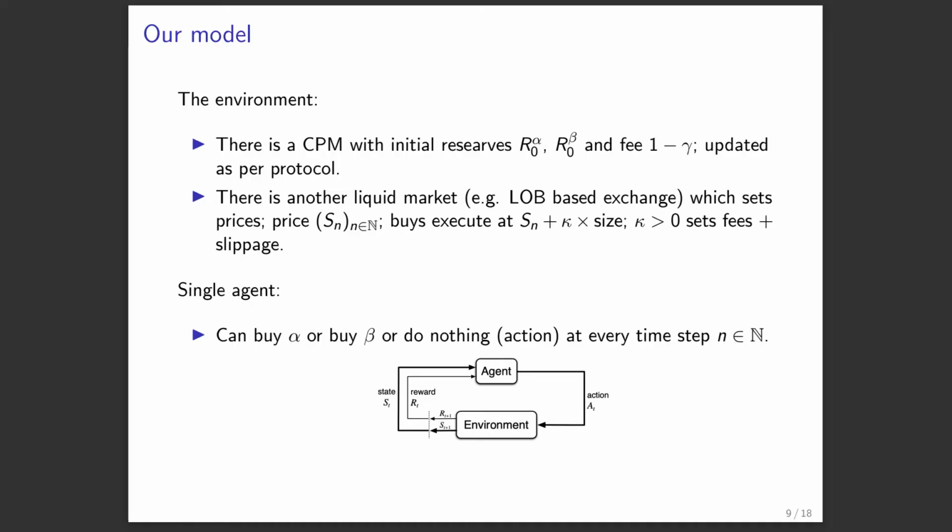And so we could have really chosen either of these approaches, but we wanted to do it in the reinforcement learning setting, because then the agent doesn't have to know. For example, you don't have to tell the agent what the slippage will be. It simply learns from the environment.